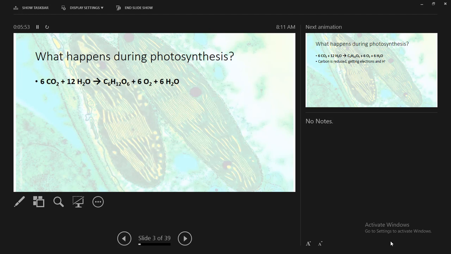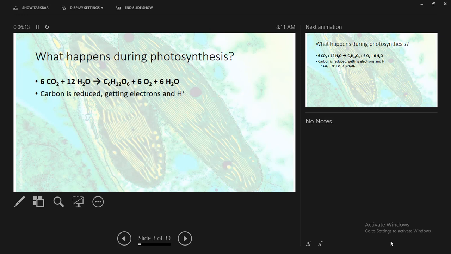We'll talk about this. Okay, and then we know carbon gets reduced. We know that because that's how it works. In photosynthesis, we reduce carbon. In cellular respiration, we oxidize carbon. And so the actual individual carbon atoms are not getting electrons.